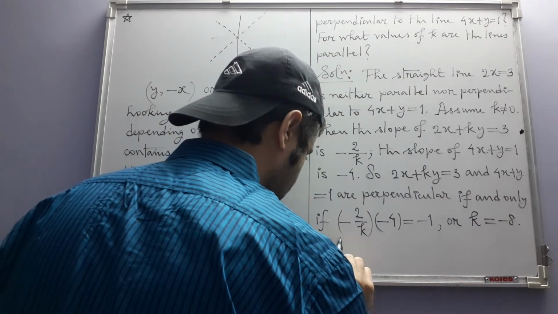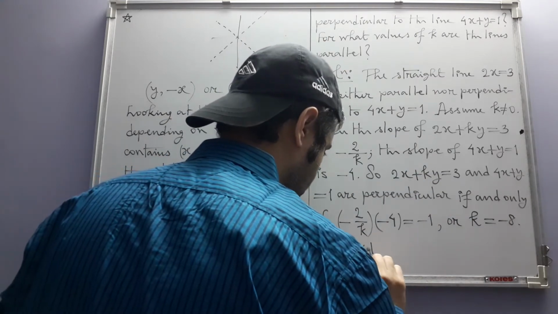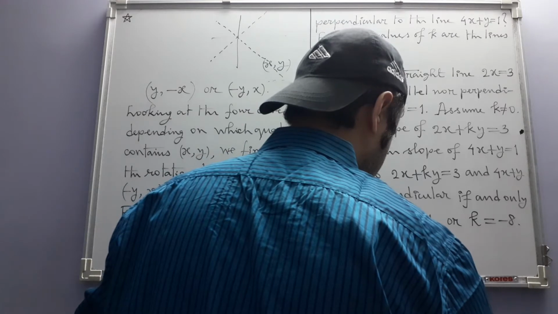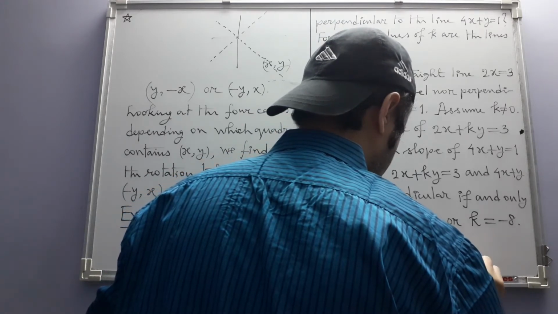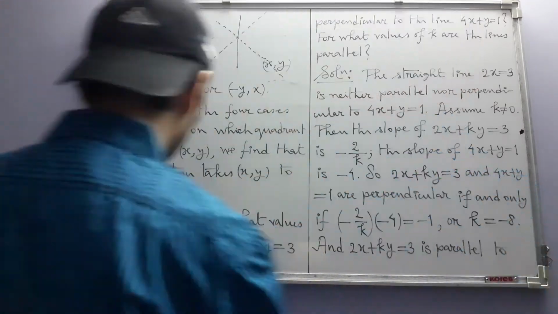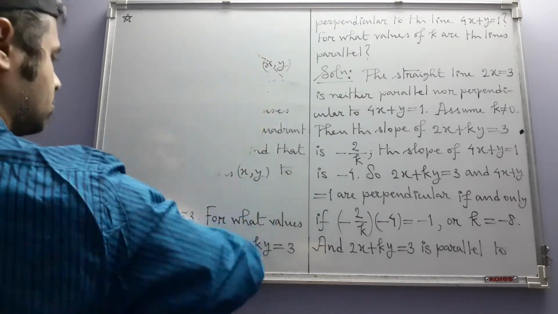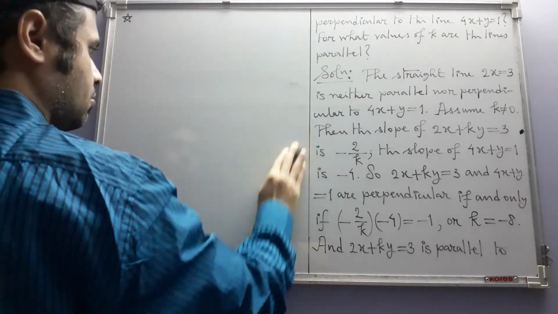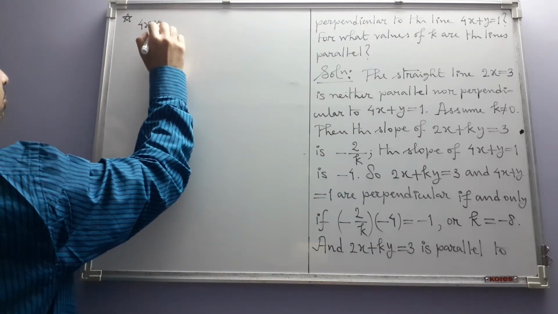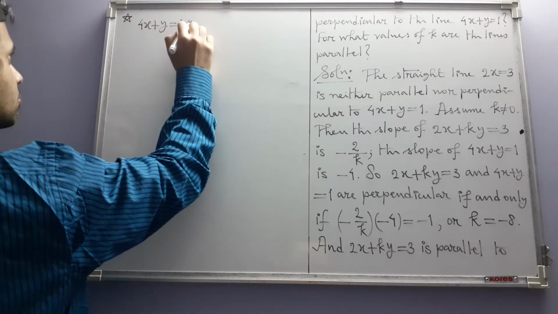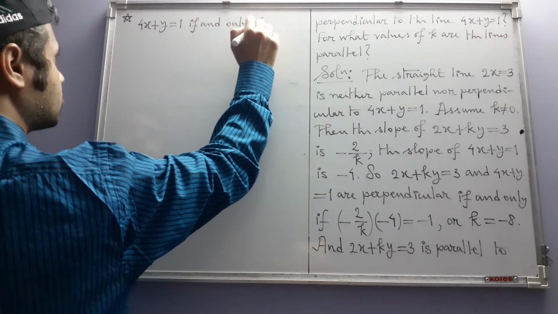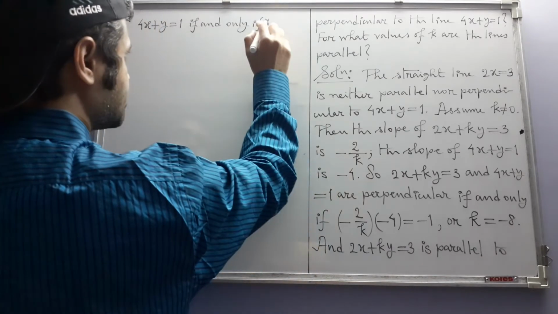And 2x plus ky equal to 3 is parallel to 4x plus y equal to 1 if and only if the slopes are equal.